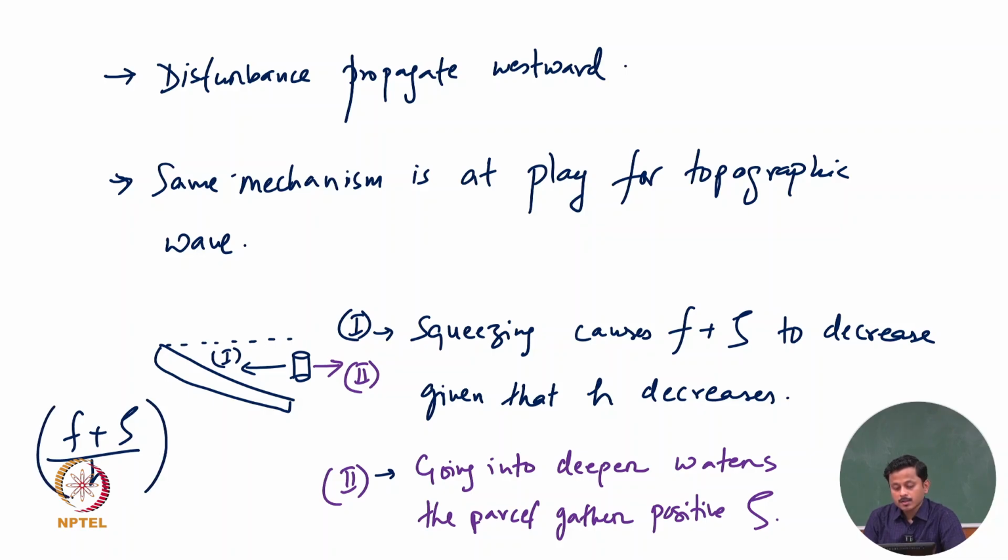If H decreases, the numerator should also decrease. If H increases, the numerator should also increase. The only way for the numerator to increase, if we have an F plane, is for the parcel to gather positive zeta, that is, the relative vorticity should increase. So squeezing, given that H decreases, means the parcel achieves negative zeta.